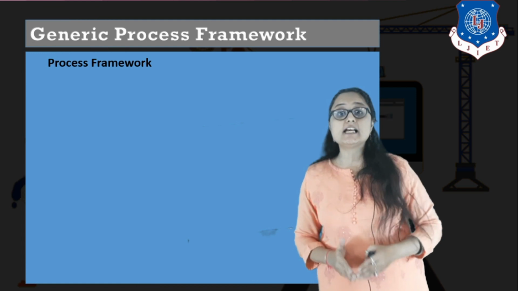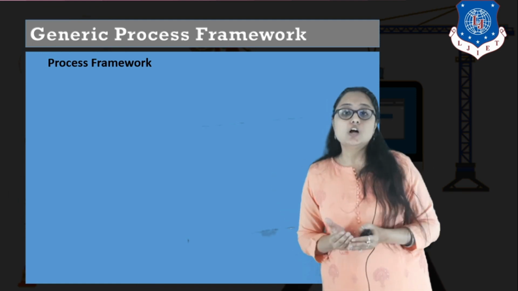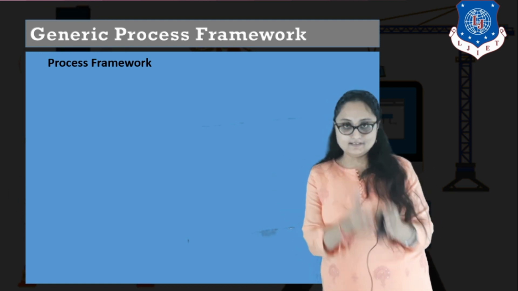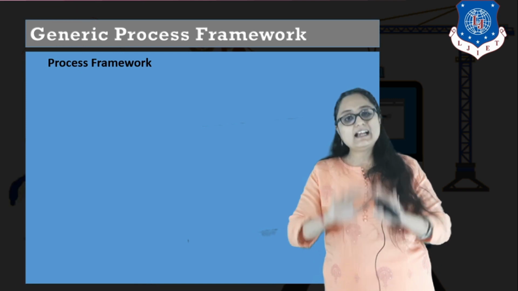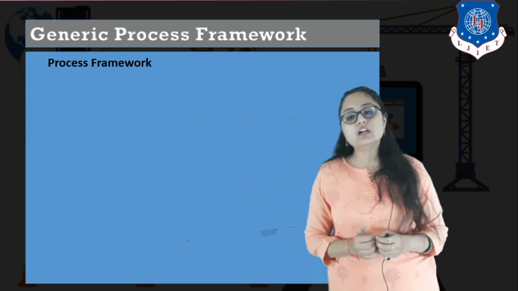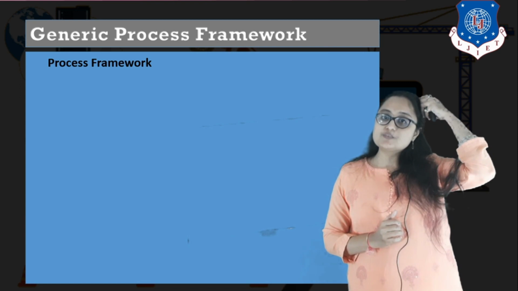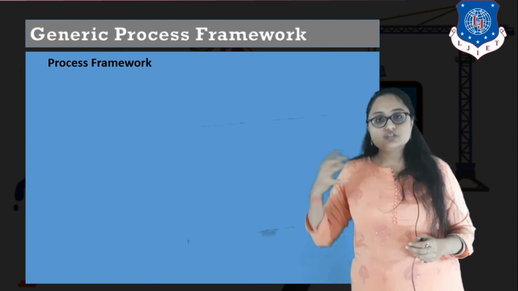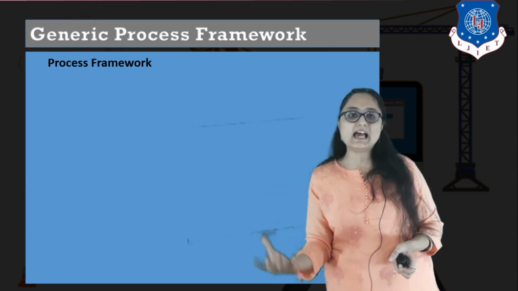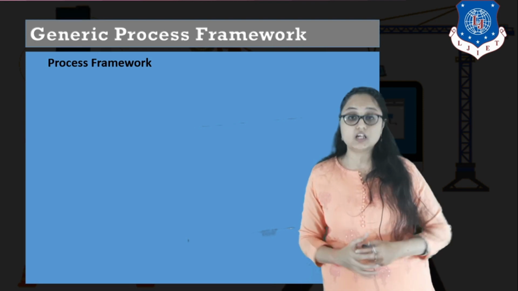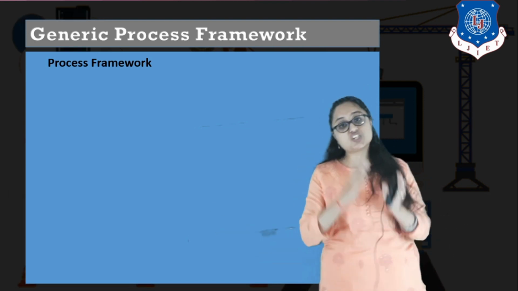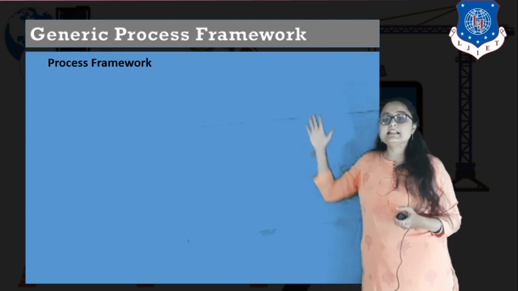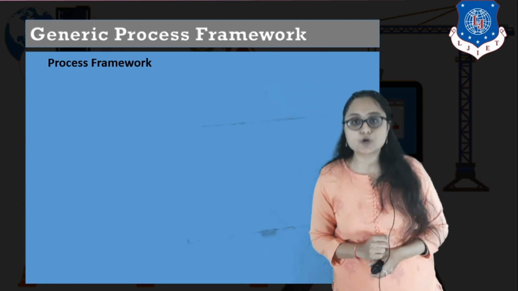So a task set has a narrower perspective than the action, and the action has a narrower perspective than the activity. Task is a subset of action and action is a subset of activity, and the combination of activity, action and task is known as a process.